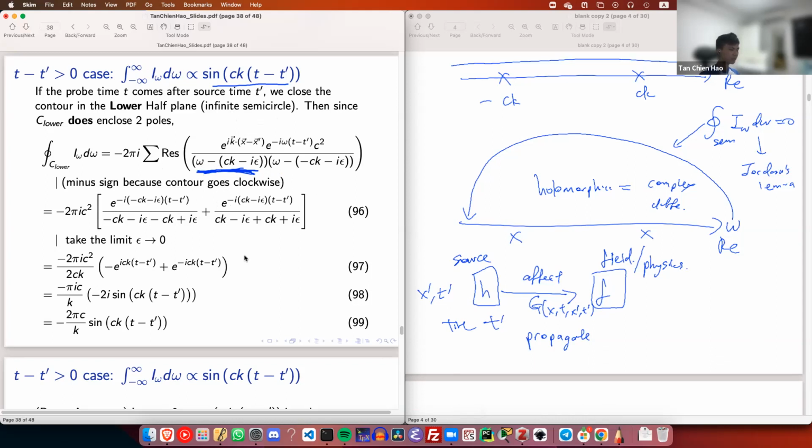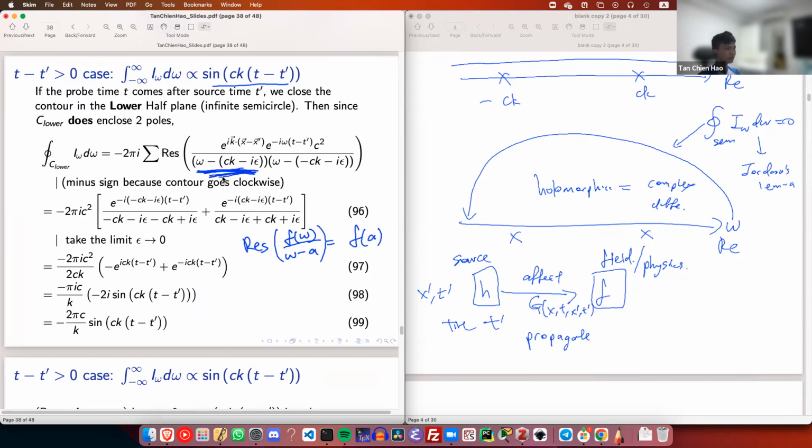So the residue of a function f of omega over omega minus a is equal to f of a, roughly speaking. This is how you find the residue of a function.